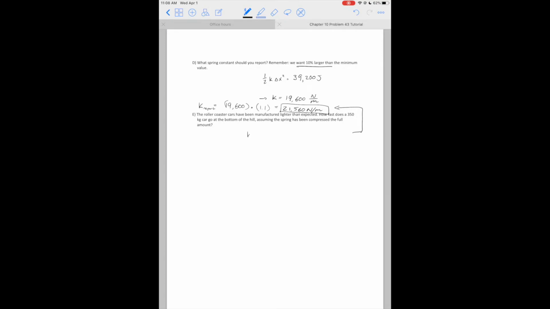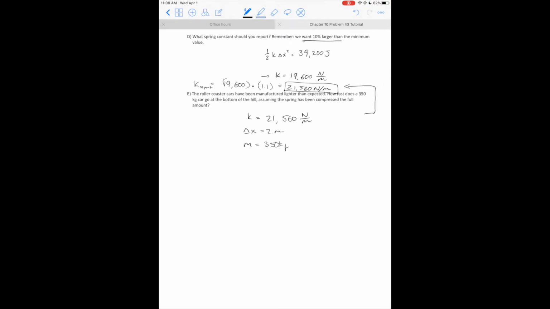So k equals 21,560 newtons per meter. I'm still going to use a delta x of 2 meters, but my mass now is 350 kilograms.